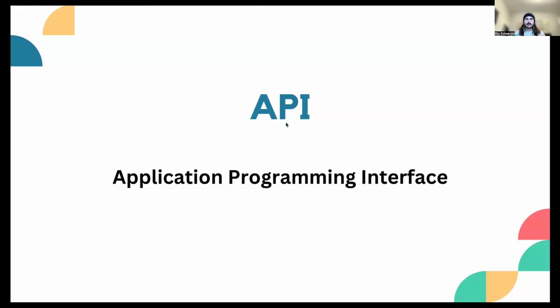Google has an API for Google Maps, and you can put a Google map in your website, and you don't have to create the map from scratch because that would be really hard. So they have a specific set of tools that allow you to do that. So an API simplifies interacting with some piece of code.